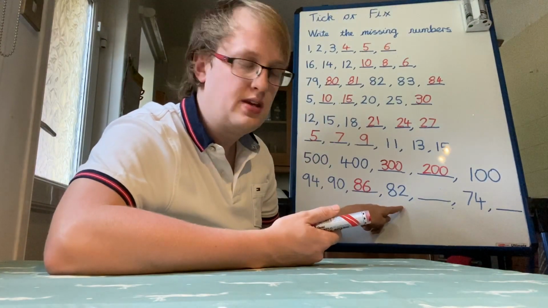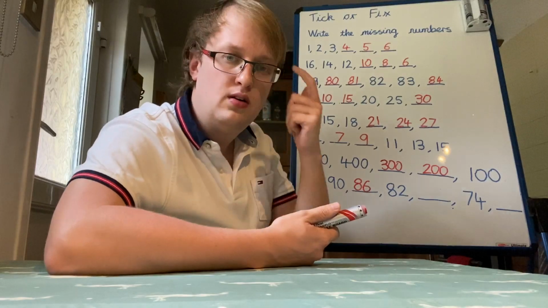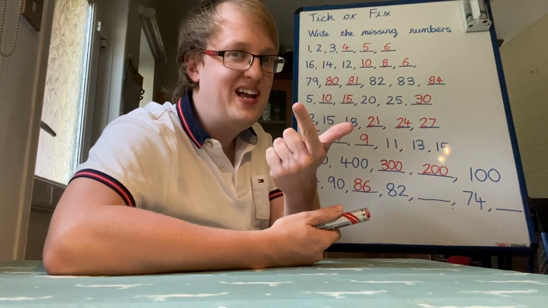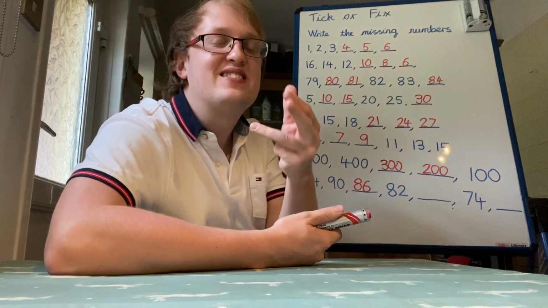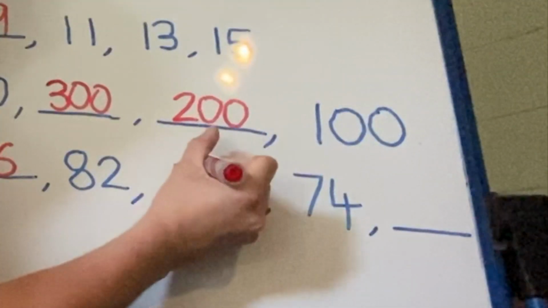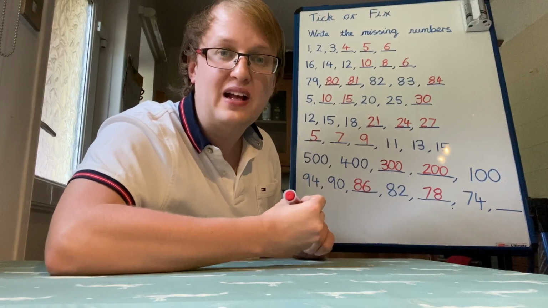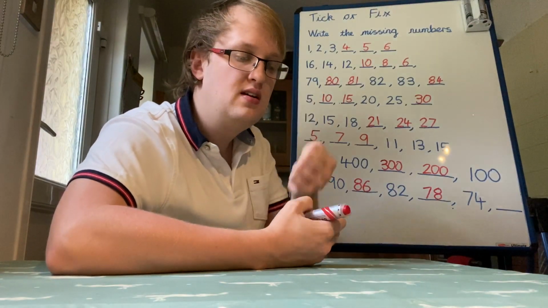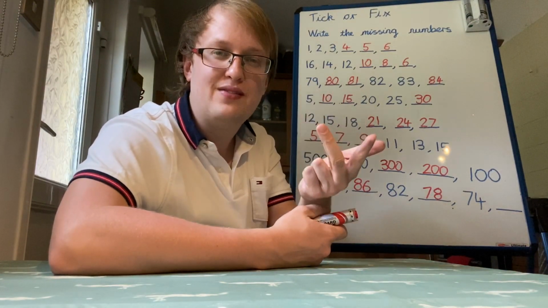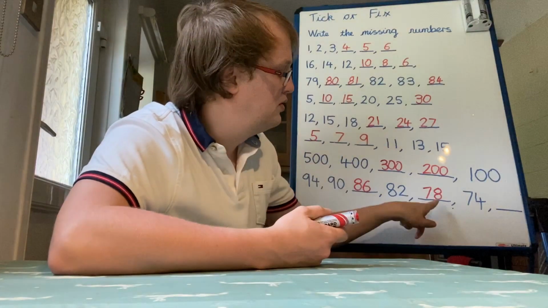So it's looking good. And 82 take away 4, 82 in your head, 81, 80, 79, 78. And hopefully if we subtract 4 again, we'll get to 74. So 78, 77, 76, 75, 74.